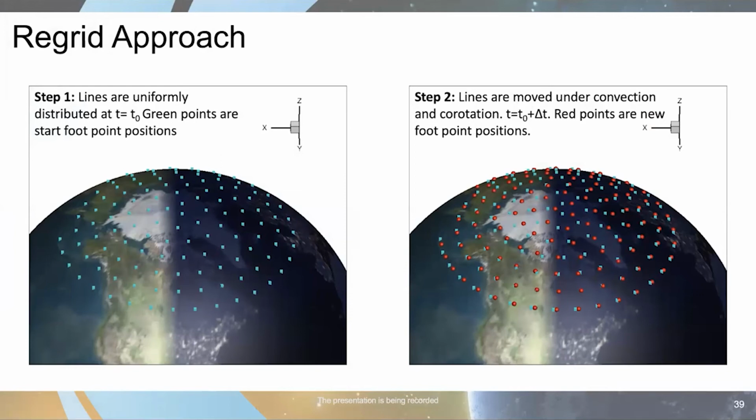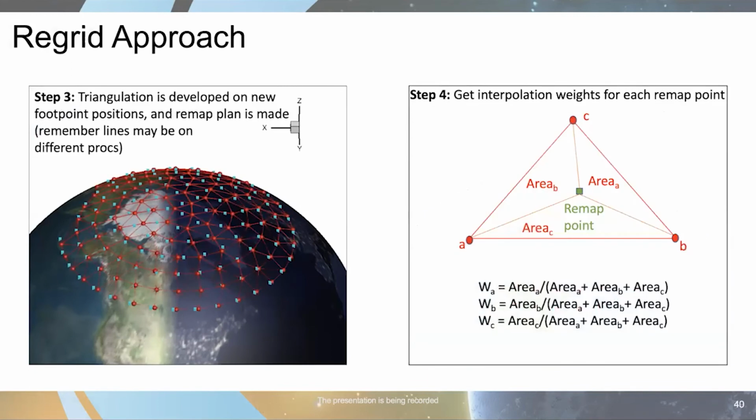Now, the idea is we want to be able to remap our grid points or resample our grid points back on our original distribution and try and maintain a nice uniform coverage of the outflow solution. So to do that, we develop a triangulation on the surface of the sphere based on the moved points.